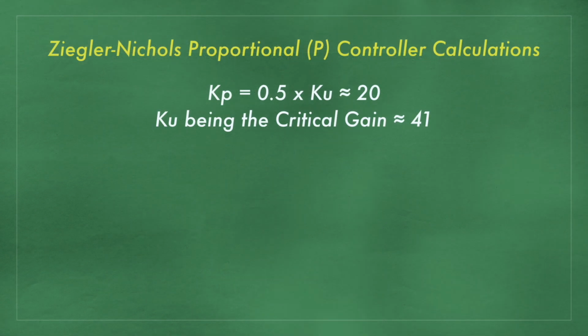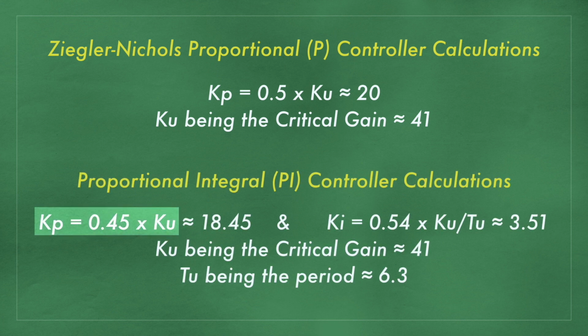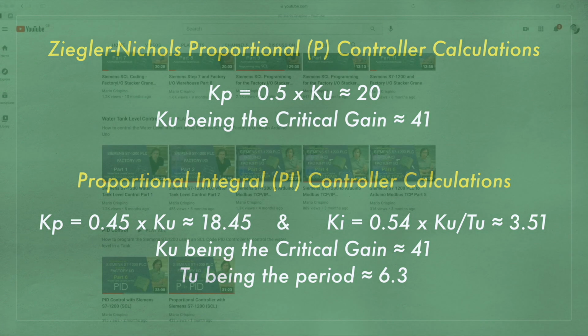Now, when we go to the PI controller, the Ziegler-Nichols method recommends Kp of 0.45 times Ku and Ki of 0.54 times Ku divided by Tu, Tu being the period between oscillations, which was approximately 6.3.